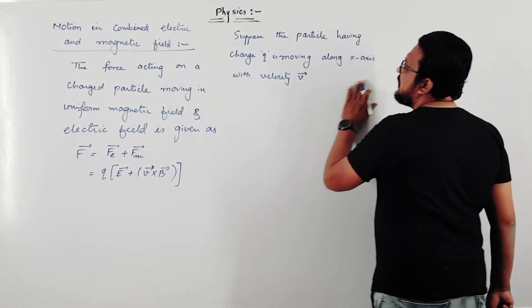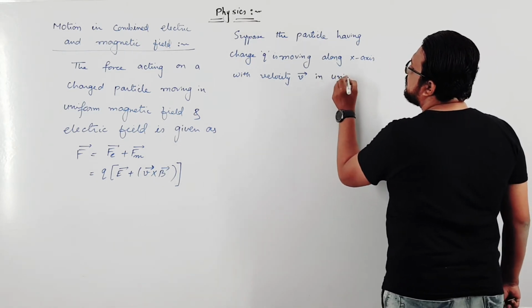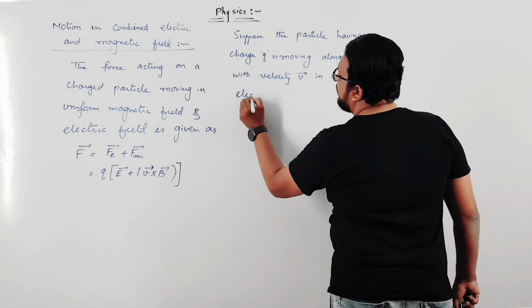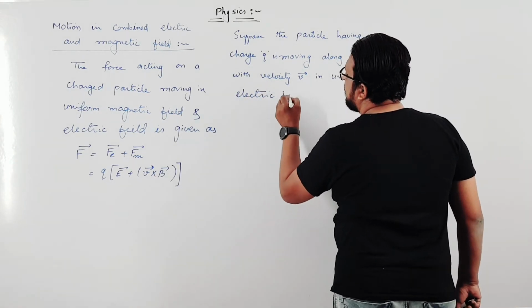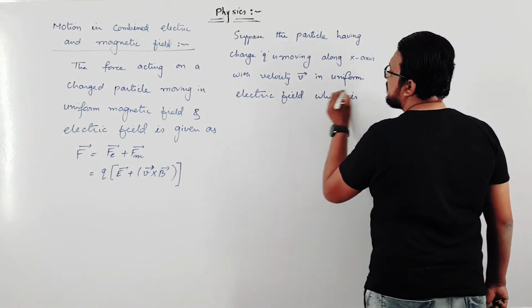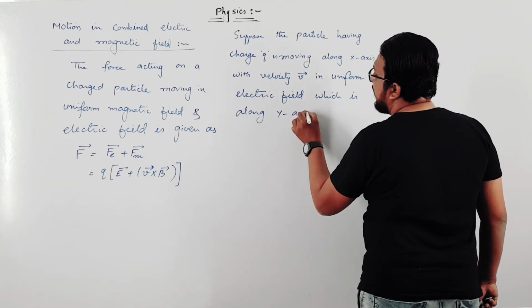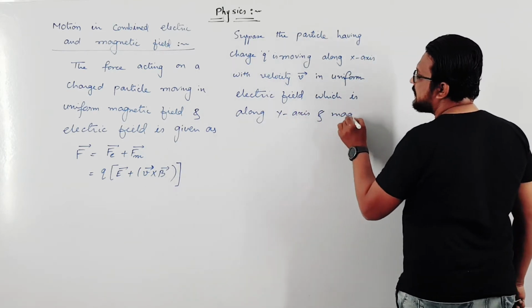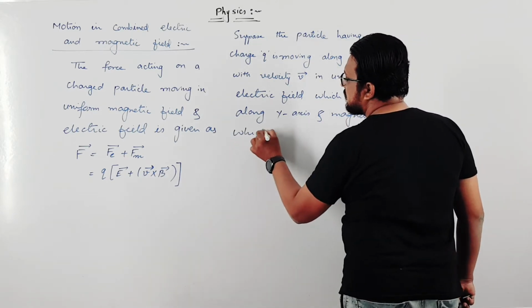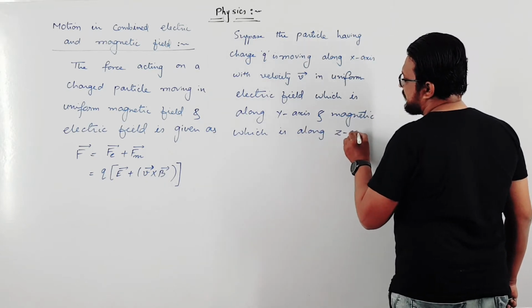So it is moving with velocity v in a uniform electric field which is along the y-axis, and magnetic field which is along the z-axis.